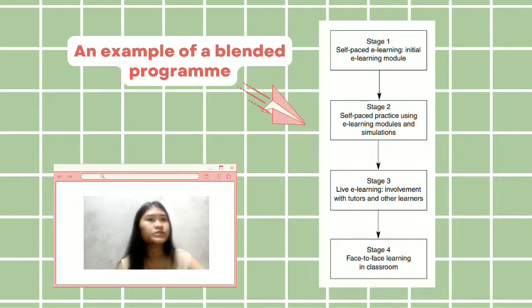In stage 2, it has self-paced practice using e-learning modules and simulation. In stage 3, live e-learning, with involvement of tutors and other learners. And in stage 4, it has face-to-face learning in the classroom. So that is the example of a blended learning program.